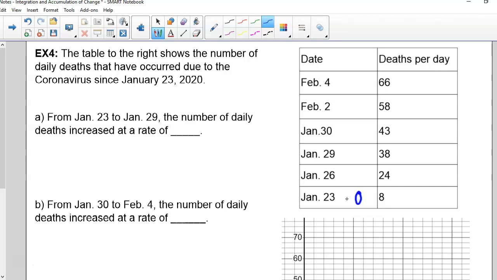That's when people started realizing, oh no, this is a problem, and we started paying attention, and that's when this table had the data on it. So if January 23rd is 0, 26 would be 3.